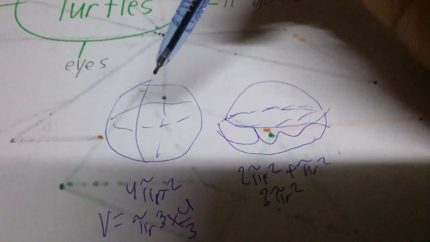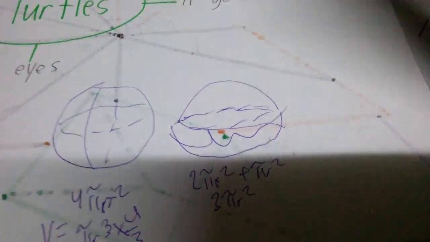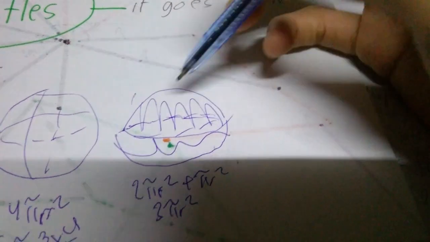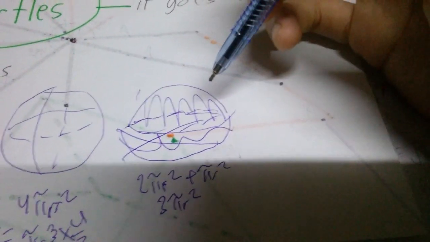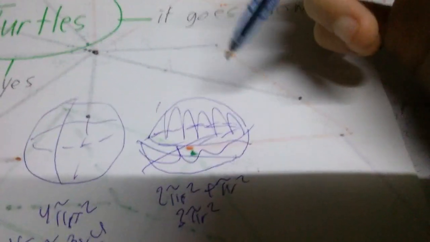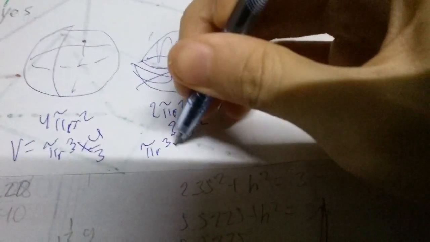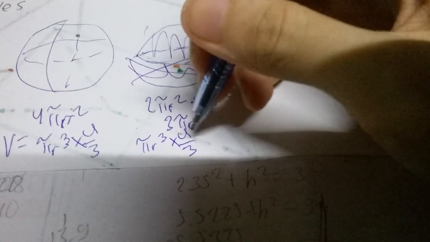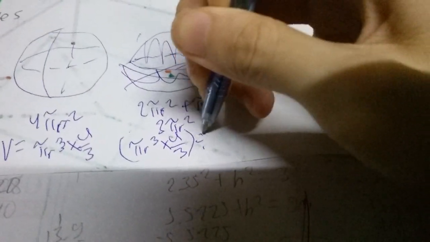Since we are getting a hemisphere, we want to get up to this part only, not this one. So this is the one we're looking for. Therefore, whatever answer you get from the entire thing, you will have to divide by 2. So it would become pi r cubed times 4 divided by 3, and then whatever answer you get here, divided by 2.